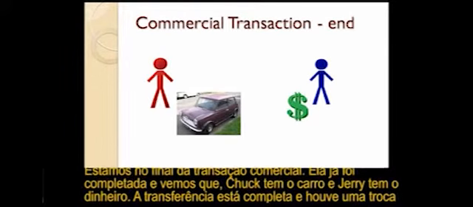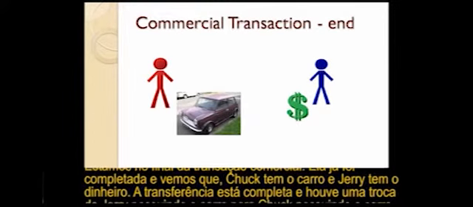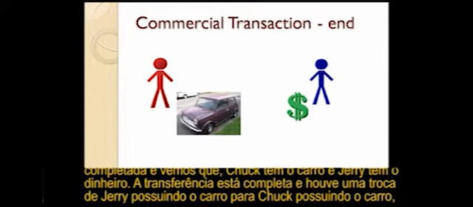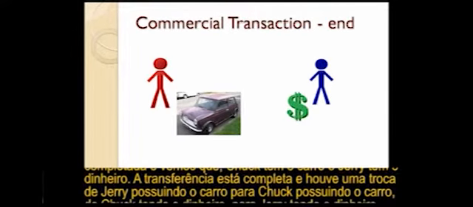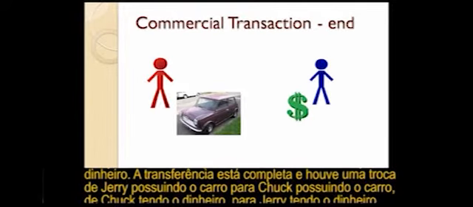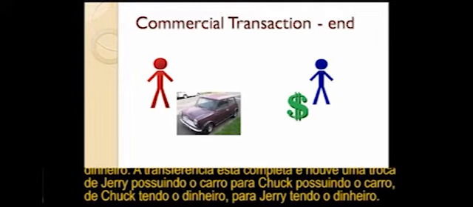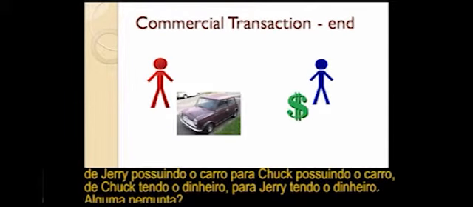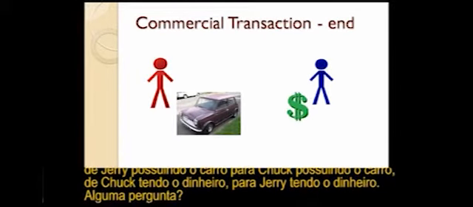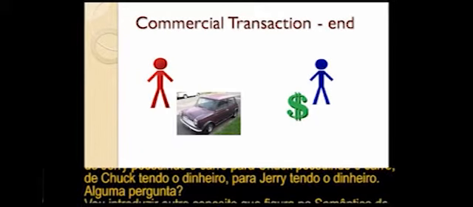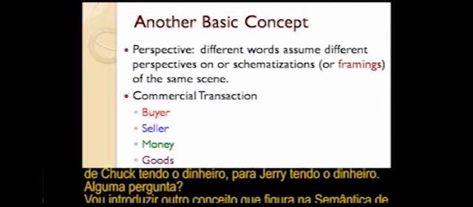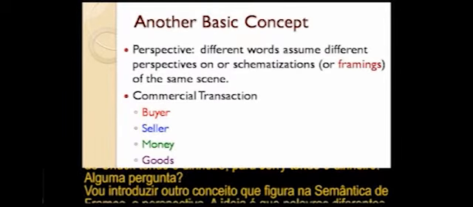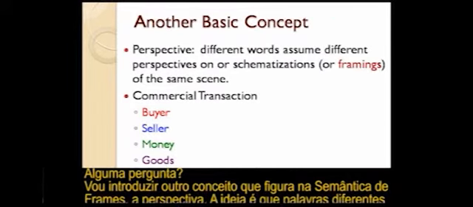So the transfer is complete, and we see that there's been a change from Jerry owning the car to Chuck owning the car, from Chuck having the money to Jerry having the money. Okay? Any questions? Okay.